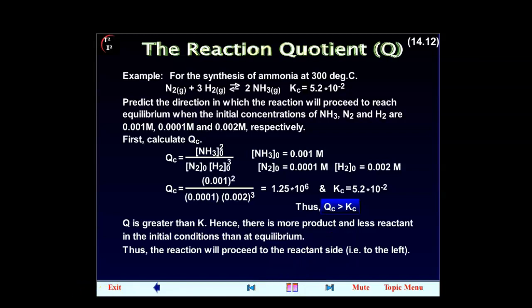Thus, the reaction will proceed to the reactant side, i.e. to the left. All right, any question on the applications now? You can see how the question can come. They will give you K of C, then you have to find the Q of C. Then you compare the two to tell them which direction your equilibrium will shift to. Is it to the right or to the left? Is it to the product or to the reactant? All right?